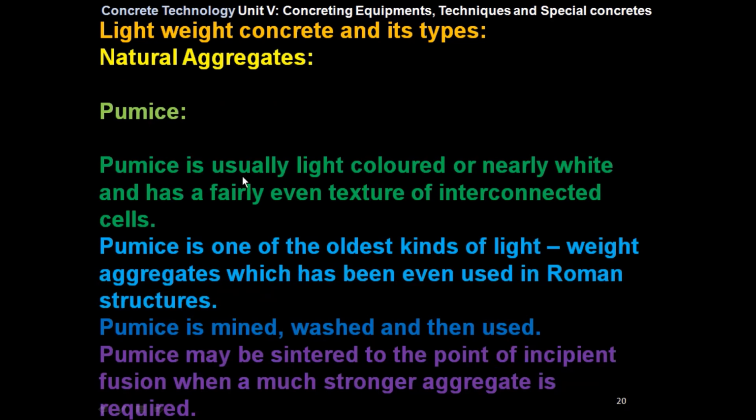Pumice is usually light colored or nearly white and has a fairly even texture of interconnected cells. Pumice is one of the oldest kinds of lightweight aggregate, which has even been used in Roman structures. Pumice is mined, washed and then used. Pumice may be sintered to the point of incipient fusion when a much stronger aggregate is required.